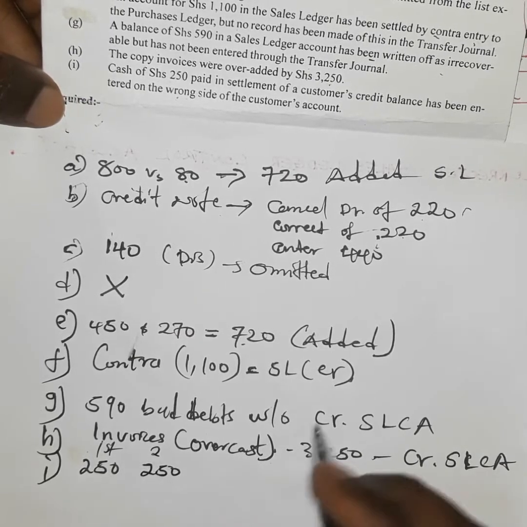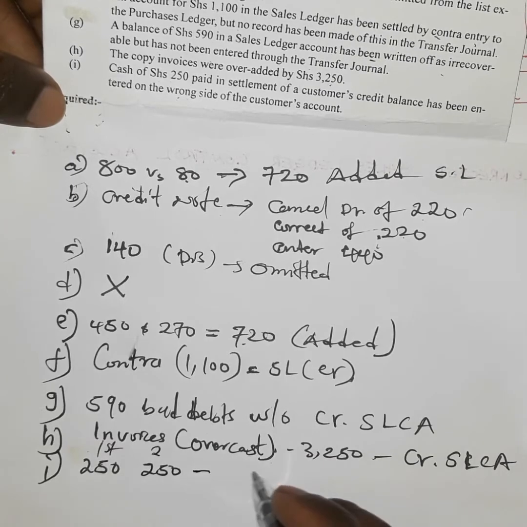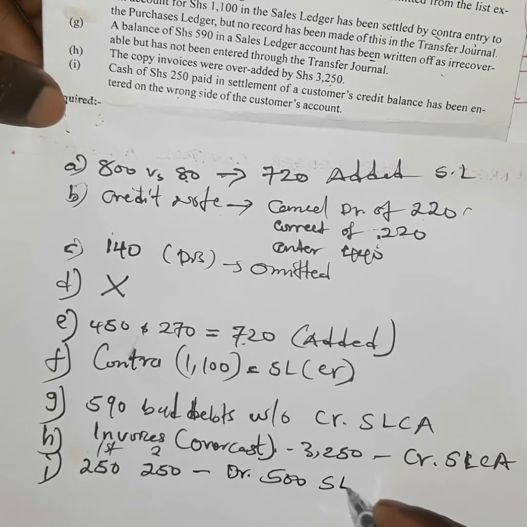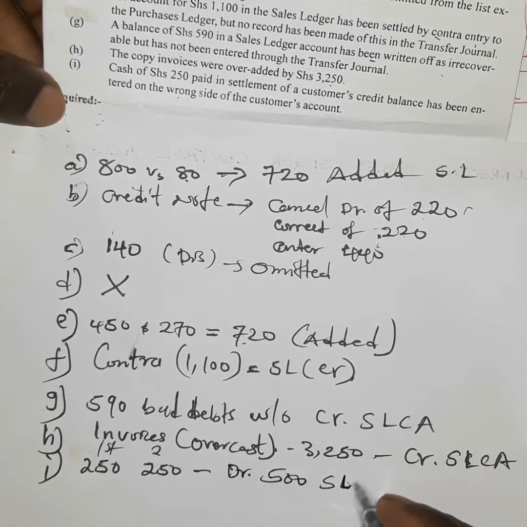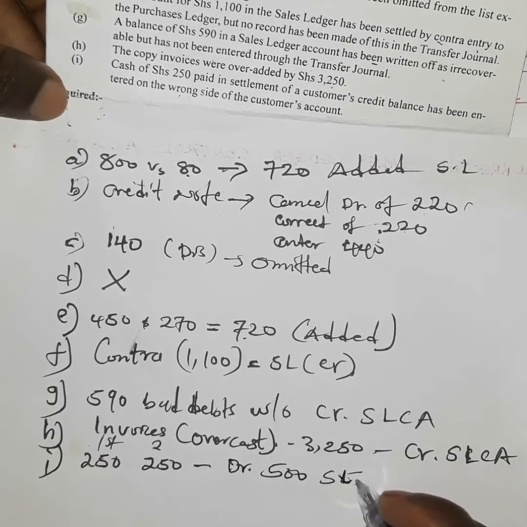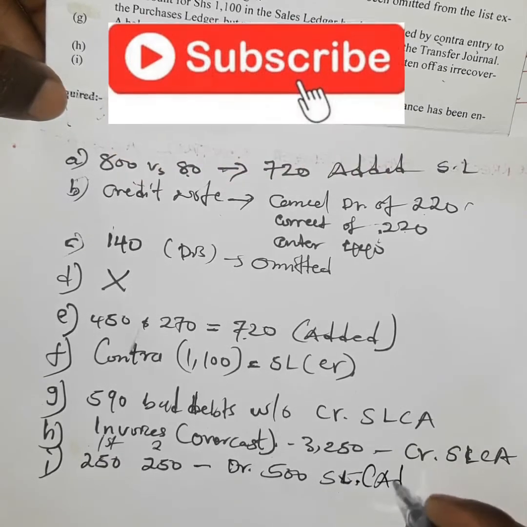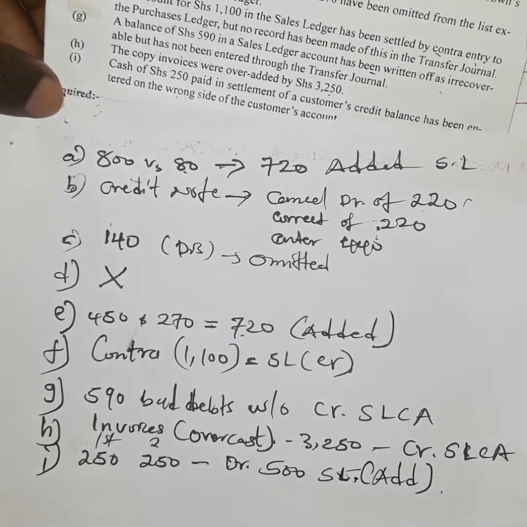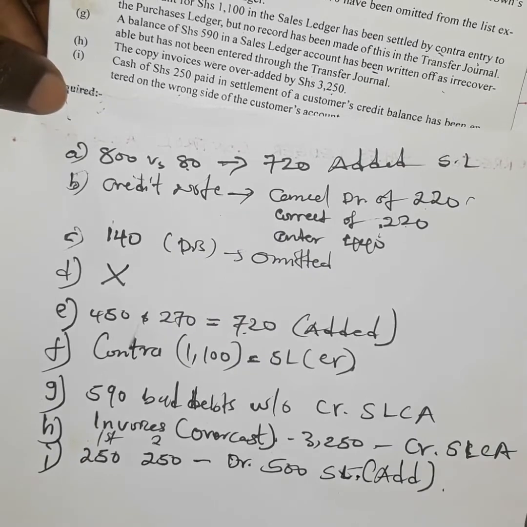In other words, we are going to debit an amount of 500 in the sales ledger, and debiting the sales ledger control account in this sales ledger account is the same as adding this particular amount, and that is how we are going to work our figures.